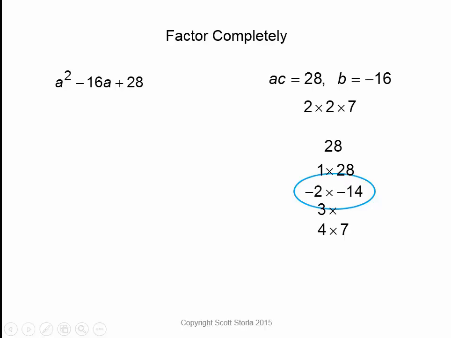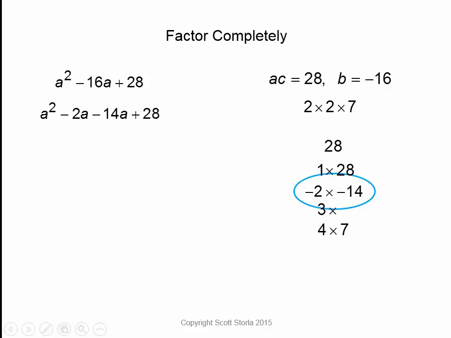I then make sure both of the criteria are met. Negative 2 times negative 14 does give me positive 28. Negative 2 plus negative 14 gives me negative 16. So I'll rewrite my trinomial as a squared minus 2a minus 14a plus 28.